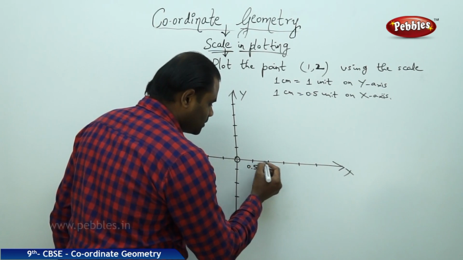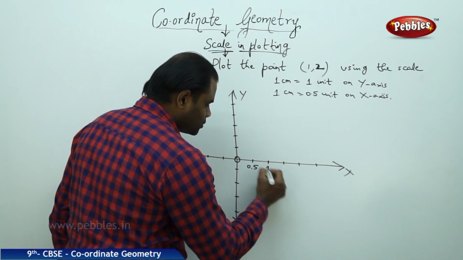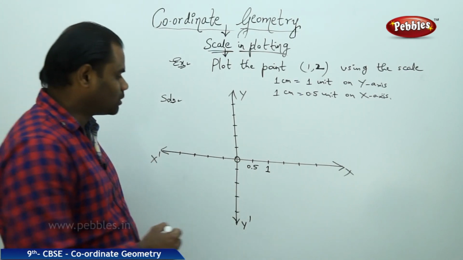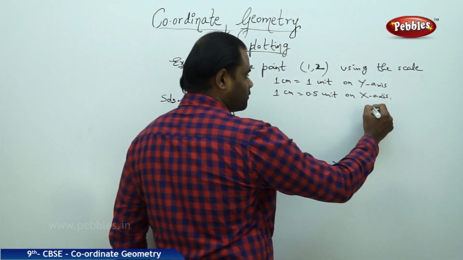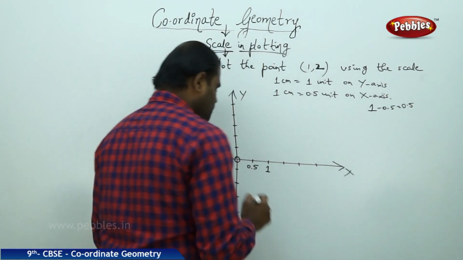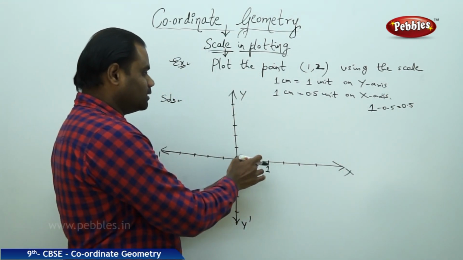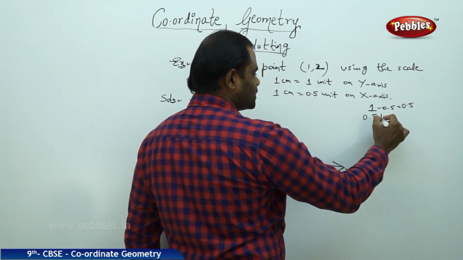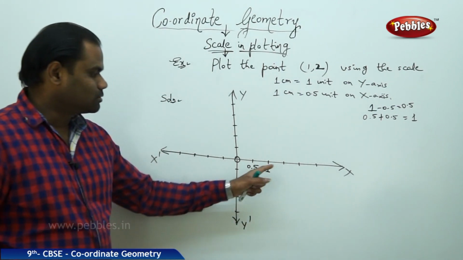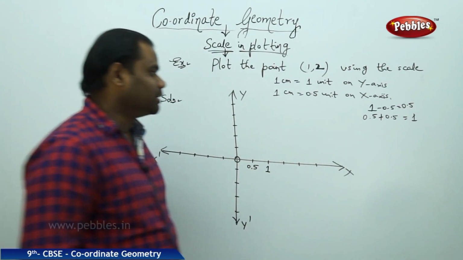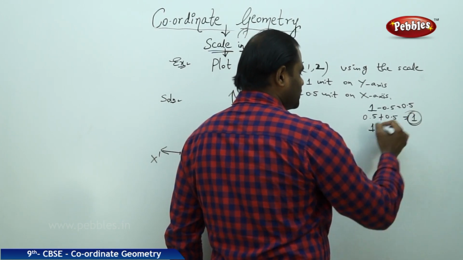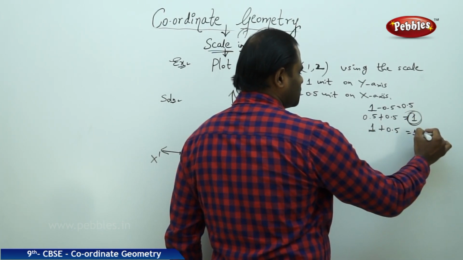Similarly, the distance from here to here must be 0.5. Therefore, the next value would be 1, because 1 minus 0.5 gives me 0.5, or 0.5 added to 0.5 refers to 1. So when I want to find the next coordinate, it is about adding 0.5 to the previous value of 1, which gives me 1.5.